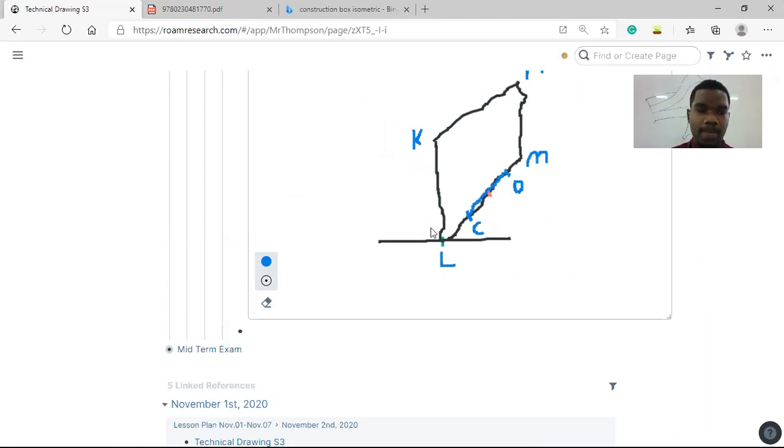Okay, now we need to find B, right? I told you now, simply all you need to do is go 40 up. And you connect, and that's your B. For this one as well, we need to find our B. It's gonna be 40 up.